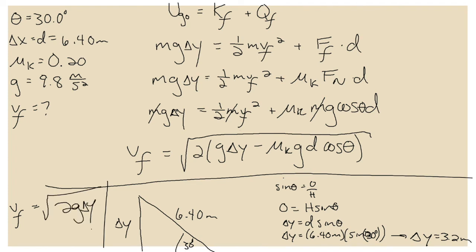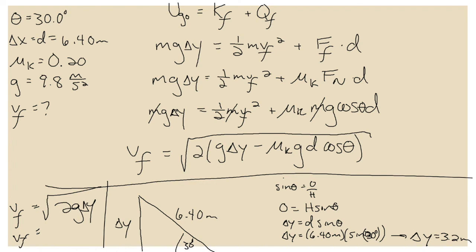This object would have a final speed of the square root of 2g delta y. So if we very briefly take a moment to calculate what that final speed would be if the object was sliding down a ramp with no friction, we can see whether our answer makes sense.